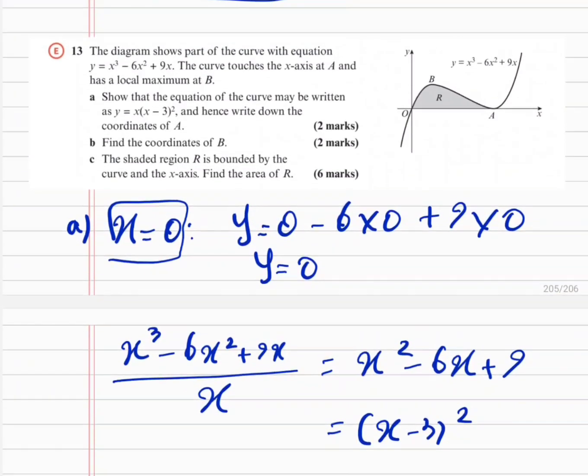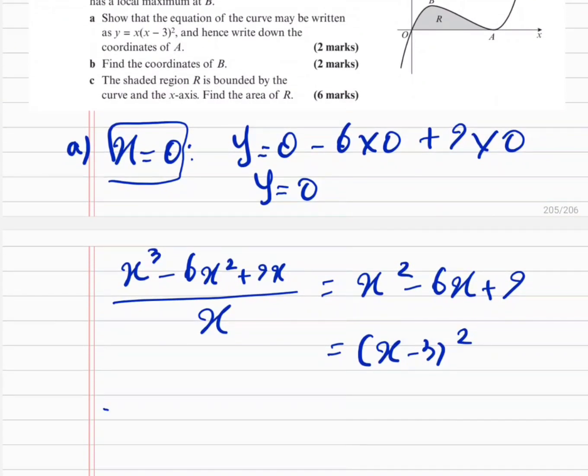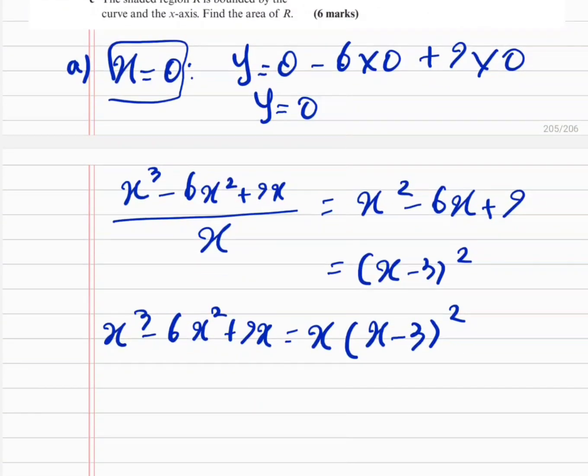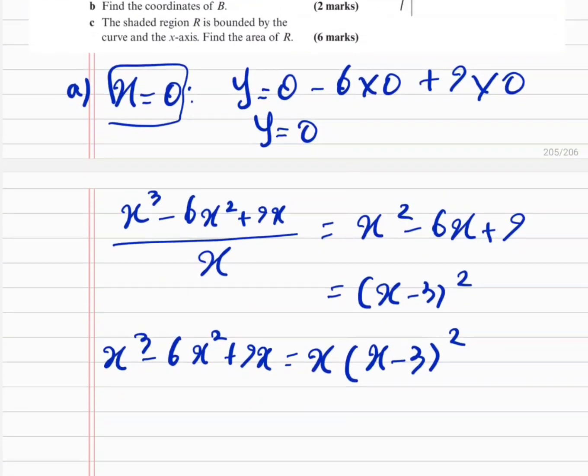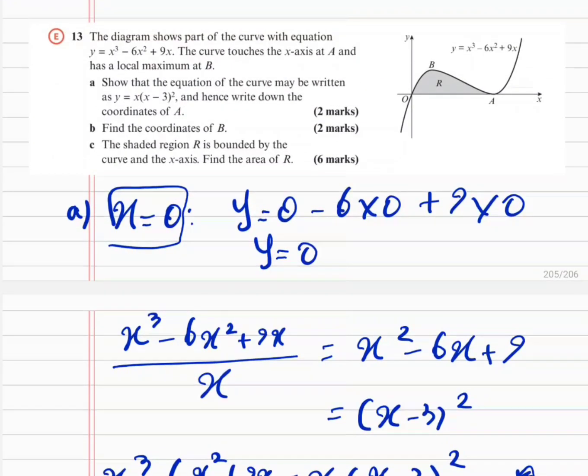And as you can see, we have basically factorized x cubed minus 6x squared plus 9x: one of the solutions was just x, and then the other part is just (x minus 3) squared. I mean, just looking at here, so x times (x minus 3) squared. And therefore, we have shown that this can be written as this one.